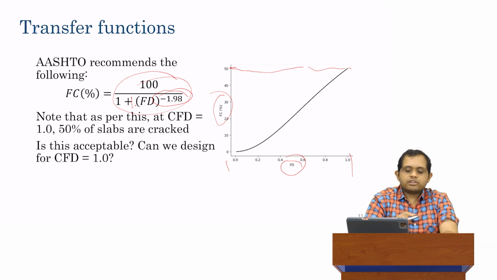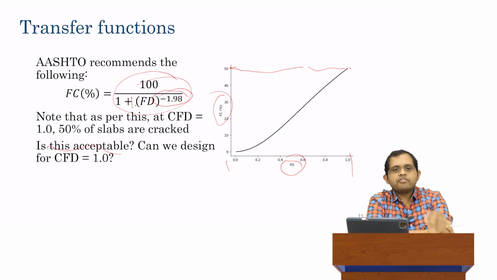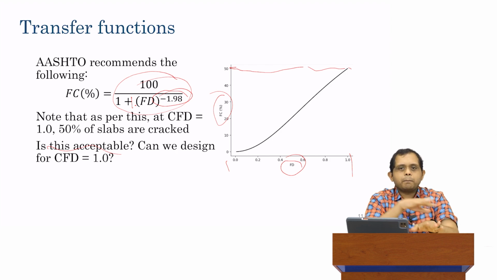Now ask yourself the question, is this acceptable? Imagine yourself driving on a road, 10, 20, however many kilometers, and it's a JPCP road, and every alternate slab has a crack. You're experiencing a little bit of bump, a little bit of shaking with every single slab that you're going over. You will agree with me, that's not a very comfortable phenomenon.